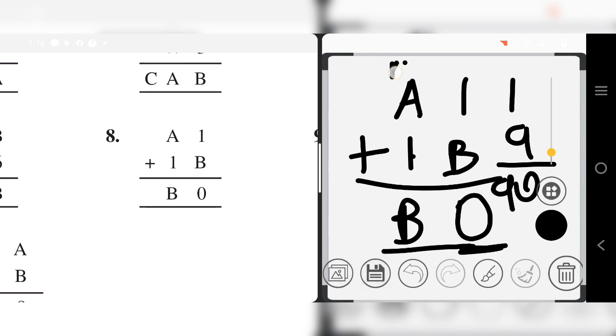If we add 1 plus 1 is 2. For 2, if we add a number called A, we are going to get 9. So 2, 3, 4, 5, 6, 7, 8, 9. So the A value is 7.